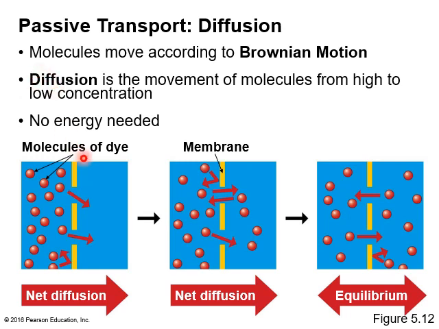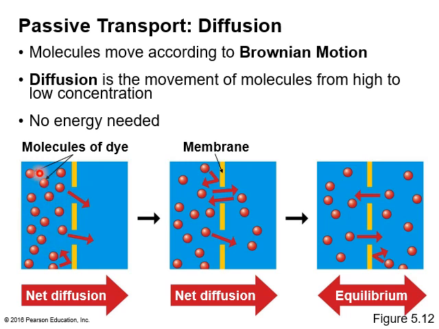So say, for instance, we had a cell, and this is the cell membrane of that cell in yellow. And let's say we had some molecules of dye, and all the molecules were on the outside of the cell. To the left of this is the outside of the cell, to the right is the inside of the cell. All these molecules want to get away from each other, right?